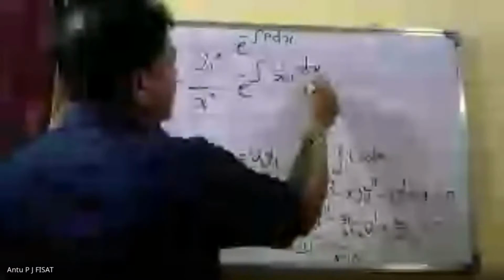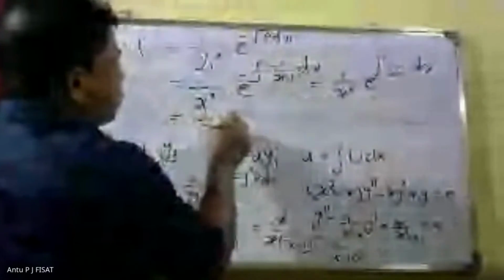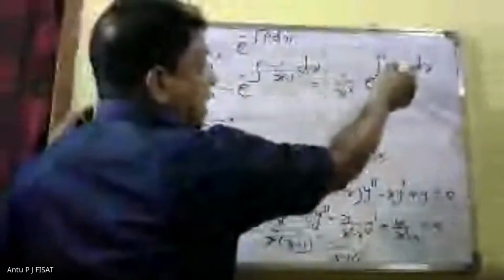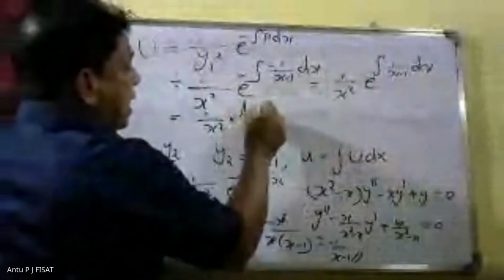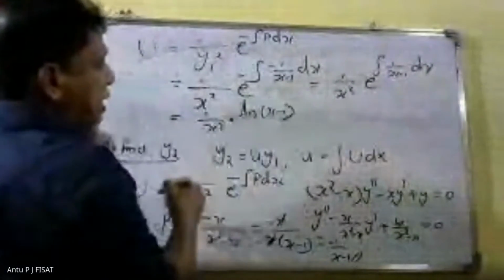1/x² e^(−∫p dx), where p is equal to −1/(x − 1). That is 1/x² into e^(∫1/(x − 1) dx), since minus into minus is plus. The integral of 1/(x − 1) is ln(x − 1).